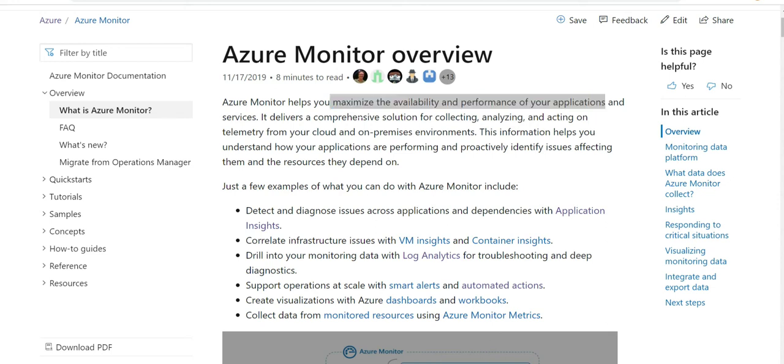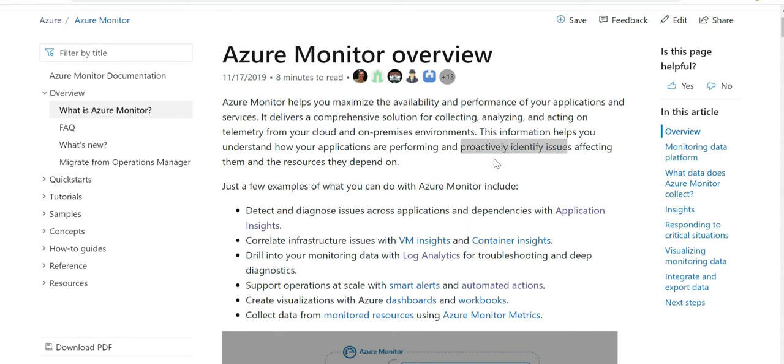And one good thing about Monitor is you can use it on cloud as well as on premises environments. A lot of services, like services available from Azure, work only on cloud. But Azure Monitor has capabilities to monitor both. So it is a very good tool to monitor your hybrid cloud environments.